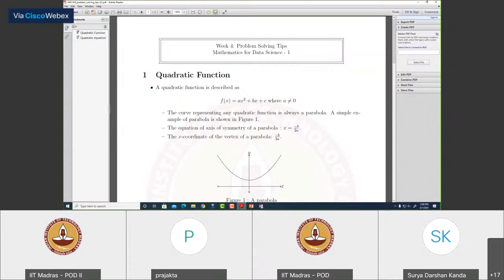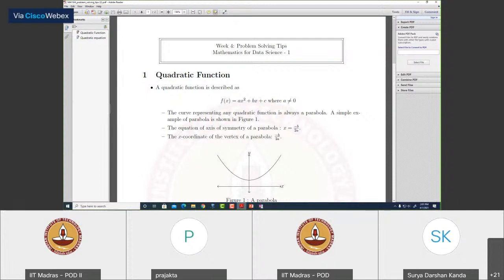How many of you have tried your hands at Desmos? Desmos is not available for use in the exam, but for your own personal understanding, it's quite a great tool, I would say.